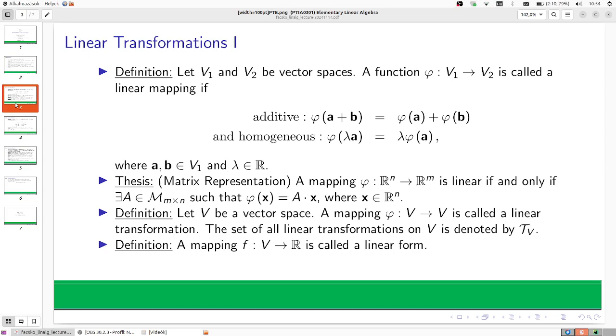If you have a mapping from R^n to R^m, this is a multiplication, the Cartesian product of the real numbers. It's not triplets, n-tuples and m-tuples or whatever.